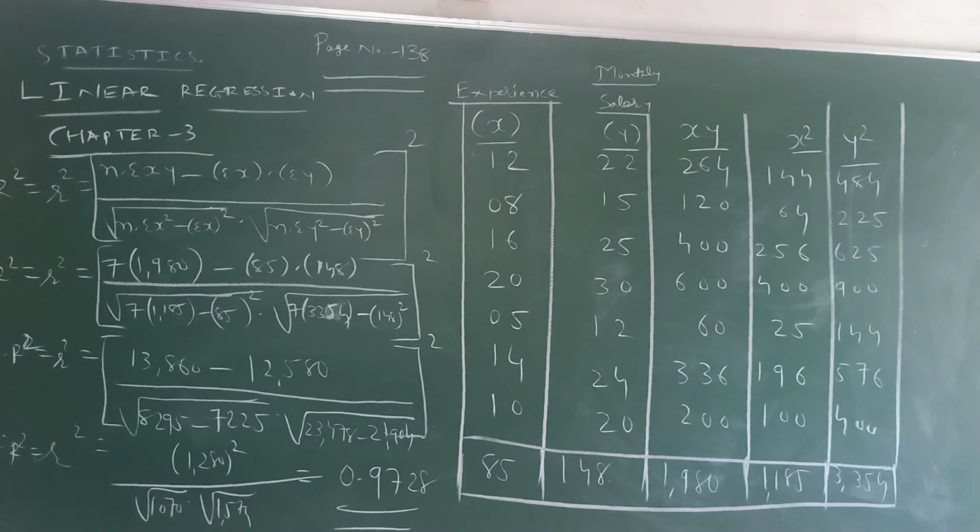Because of division, we have to apply CY as well as CX. CY means class interval of Y and CX means class interval of X. Such sums we take in the next video lecture.